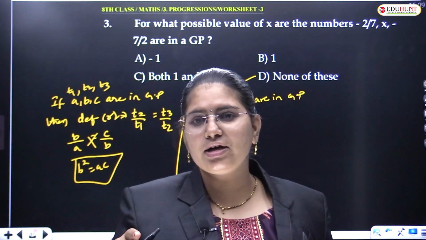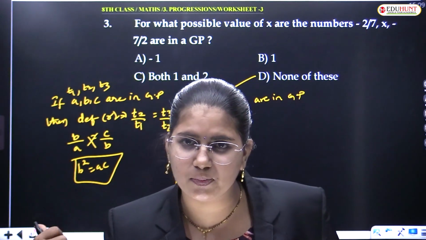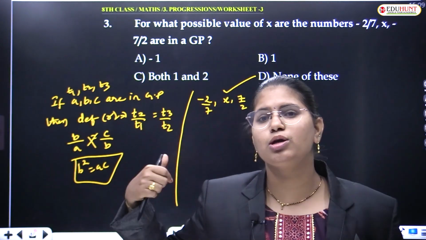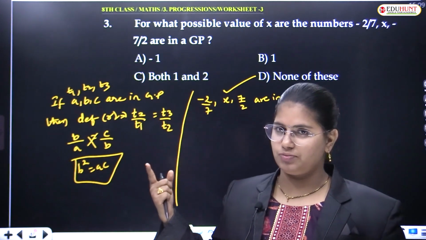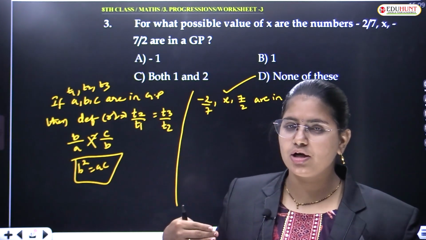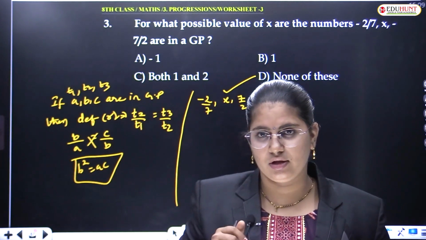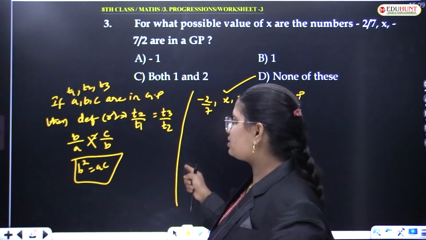There, twice the middle term B is equal to A plus C. But whereas in GP, the square of the middle term is equal to the product of the first and last terms. Did you understand the difference? The same content you are going to learn in geometric progressions too, but the formulas are different. So B square is equal to AC.